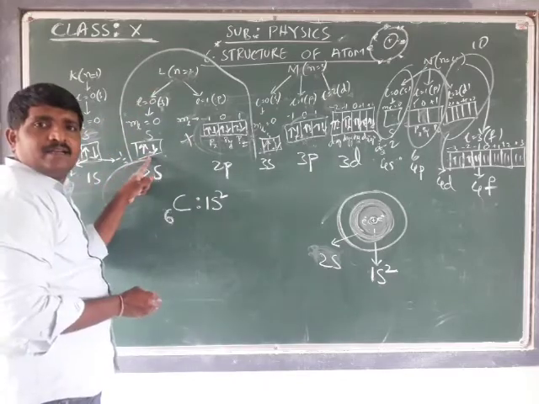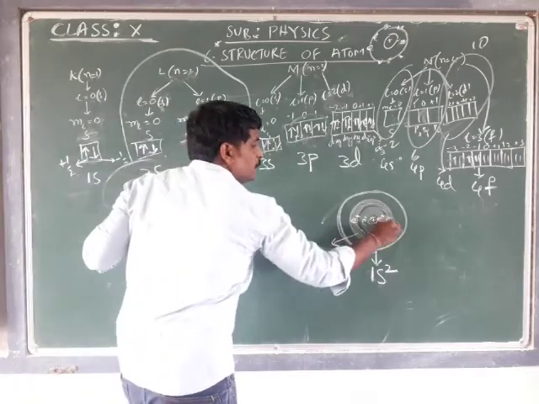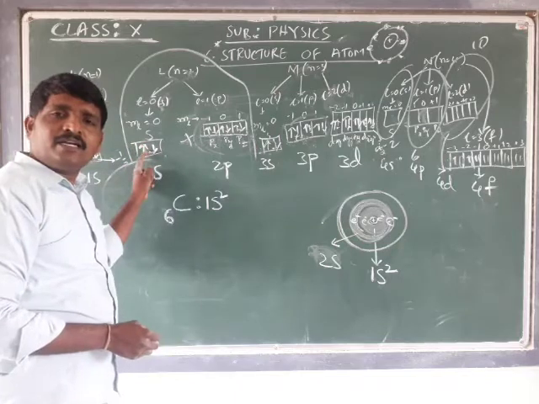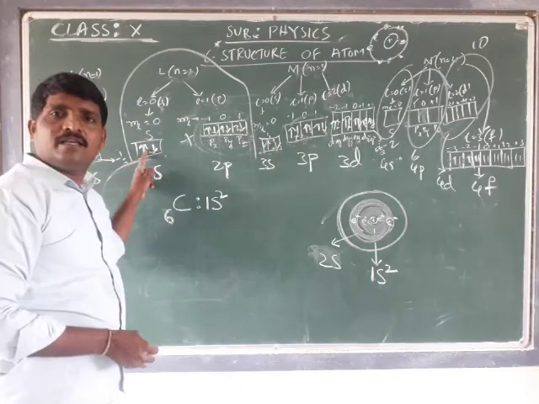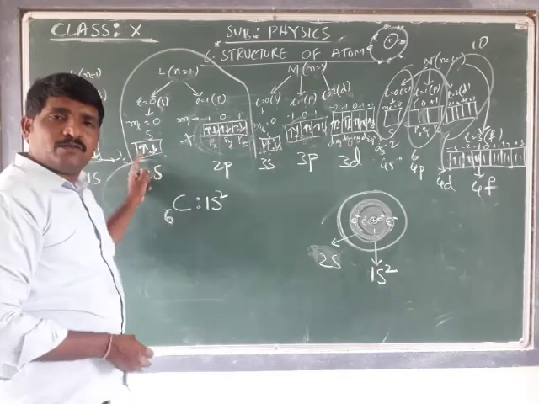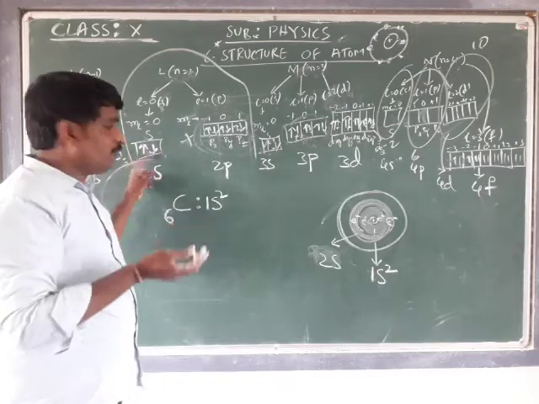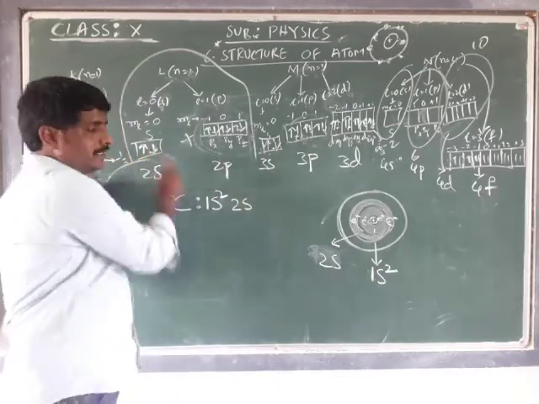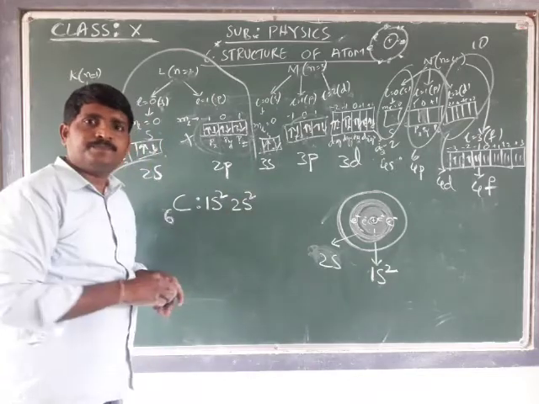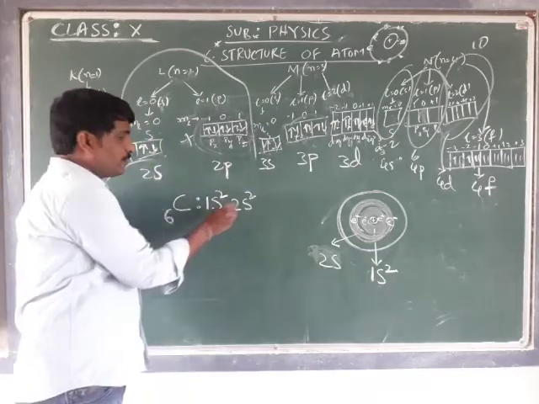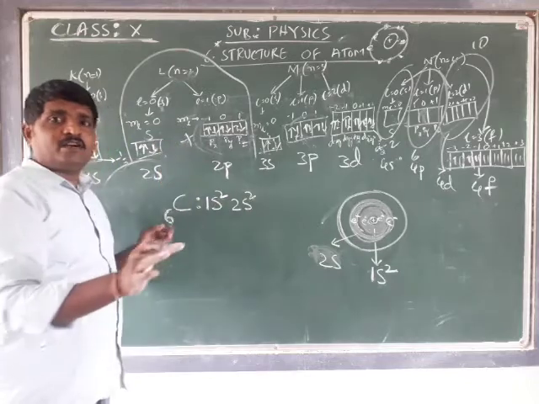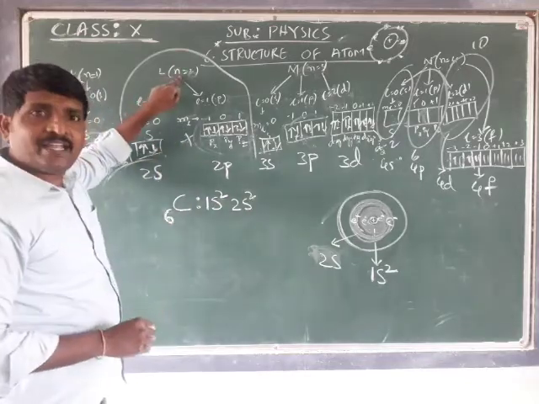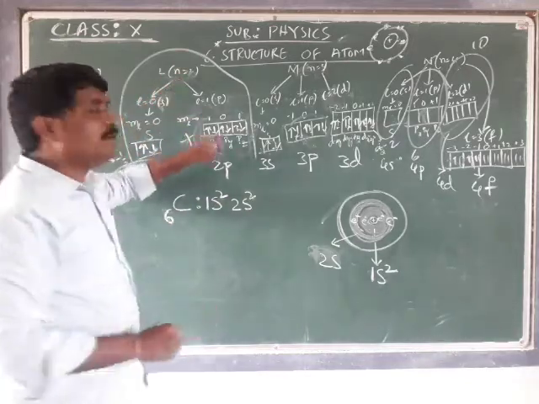How many electrons can 2s have? 2, because the S orbital can have 2 electrons only. So in 2s, I can fill 2 electrons. 4 electrons gone.